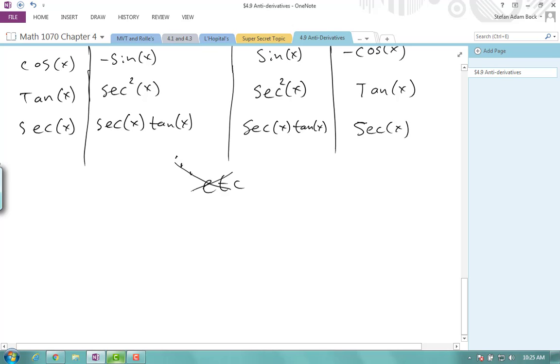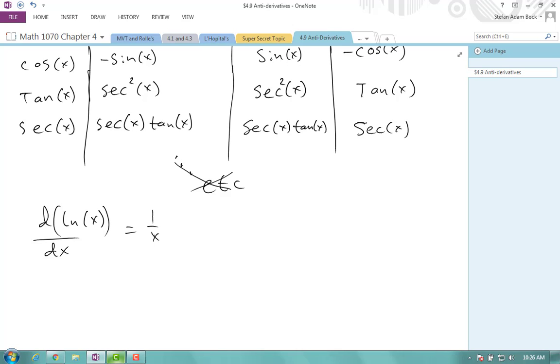I said etc. here, but I have a couple of special mentions. Natural log of x has a derivative of 1 over x, but natural log of x only exists on one side of the number line. I can't take the natural log of a negative number, for example, but 1 over x exists for negative numbers.